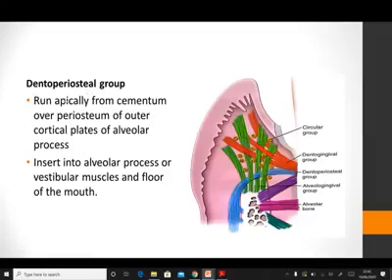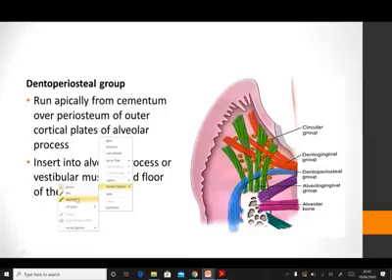These run from the cementum of the root over periosteum of the outer cortical plates of the alveolar process, and they insert into the alveolar process or the vestibular muscles and sometimes the floor of the mouth as well. So these blue bands here that you can see are the dentoperiosteial.